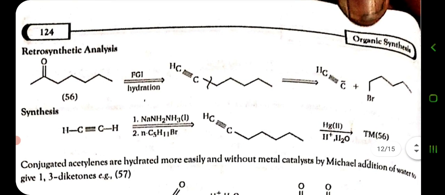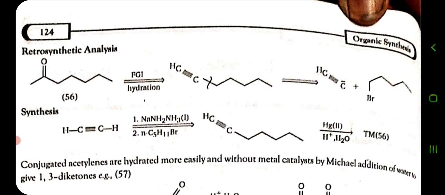These reactions show the retrosynthetic analysis where one C-C group is disconnected and acetylenes are prepared. In the second reaction, the synthesis of the target molecule, acetylene reacts with sodamide and ammonia, and this will undergo hydration and we will get the target molecule.